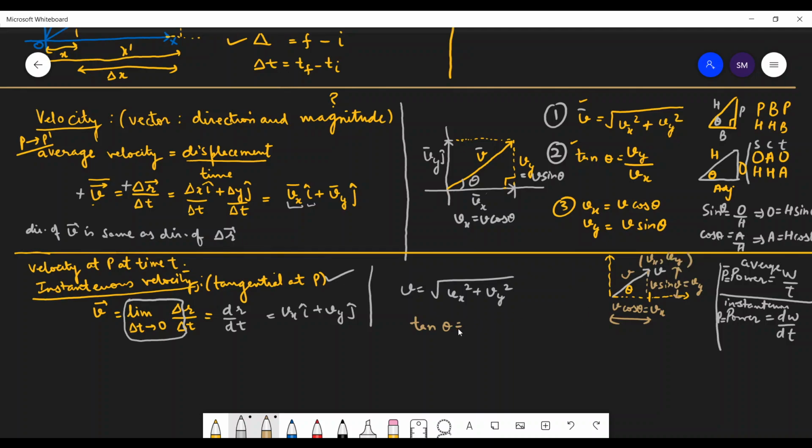So simple. Tan theta is equal to Vy by Vx, and we can write theta as tan inverse of Vy upon Vx. So this was the concept of the velocity vector. Thank you so much for watching this video.